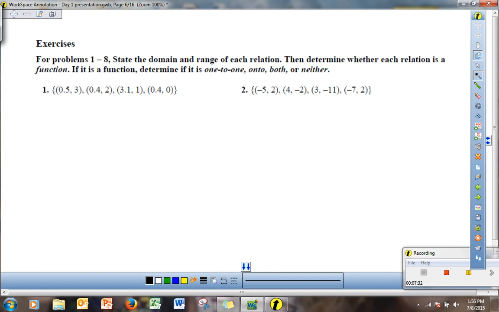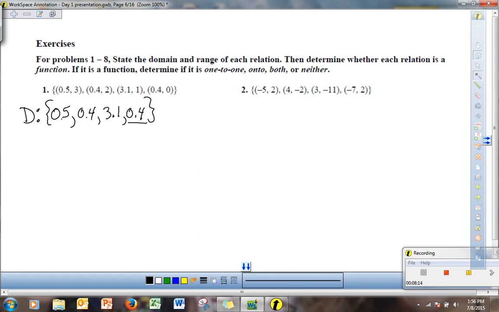So here's all we're going to do. I'm going to put a capital D for domain, and then colon, and then the brace, because we're showing the world a set of numbers. Now just go through and list the x values. They happen to be 5, 4, 3.1, and 4. Technically, I did not need to list this one again because it's already used.